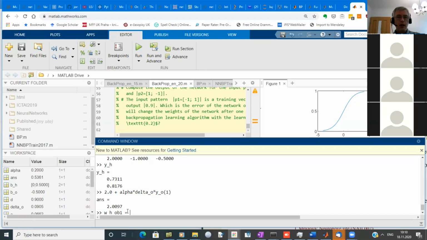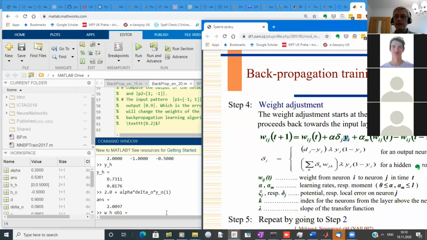What's the problem? Why don't you understand? Can you help me? We have the extra neuron for the bias, so we should use 1 as the output of that. We need to update 3 weights, and we had only 2 outputs in the hidden layer. Yes, you are right. But you have noticed that when we compute the output on the output neuron, we also use the output on the hidden layer extended by 1.